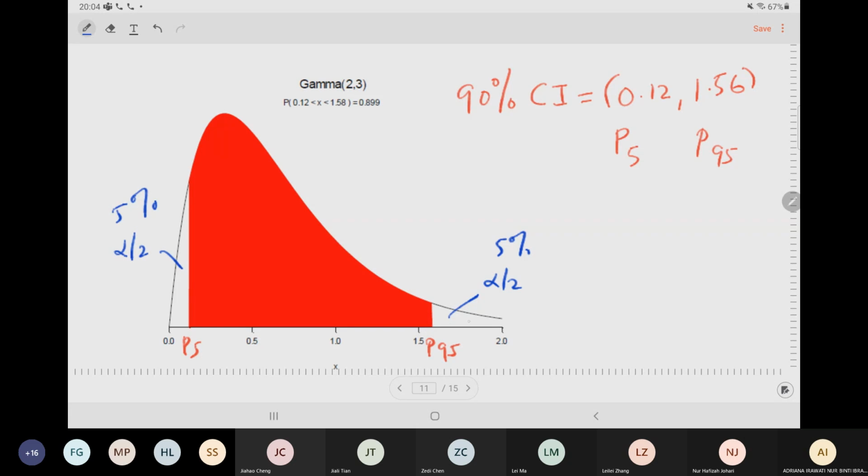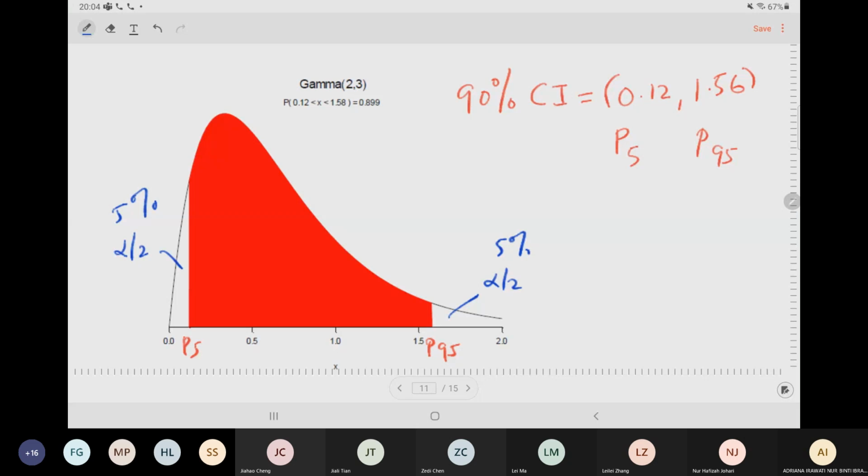Then you have P5 and P95. Using R, you can find these percentiles, and the red one is the 90% credible interval if your distribution is gamma(2,3).